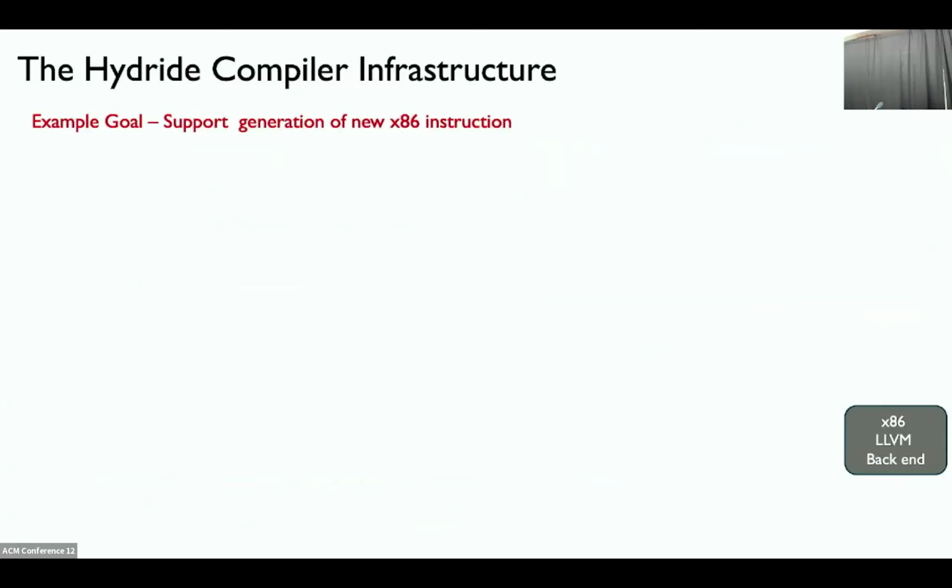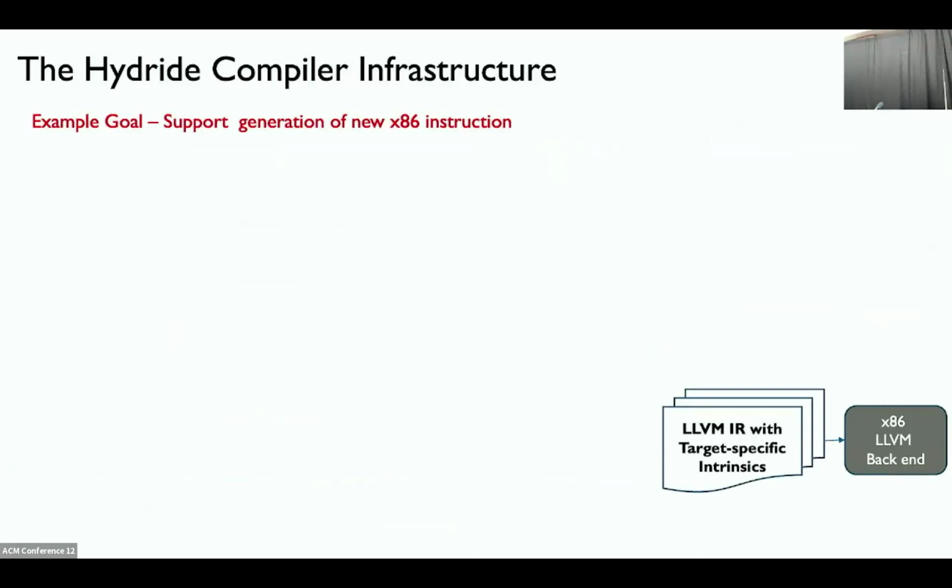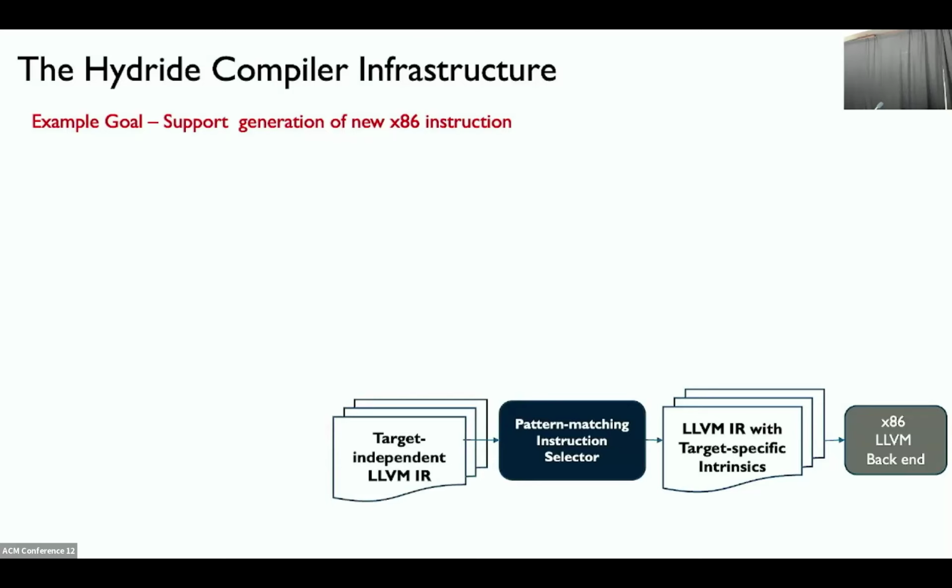To just give you an example of what it looks like to support a new x86 instruction. First, you have to add a machine instruction to the LLVM backend, and that machine instruction can be targeted using a target-specific intrinsic in LLVM IR, which is not an unusual practice today. And that target-specific intrinsic can be generated from a target-independent LLVM IR instruction.